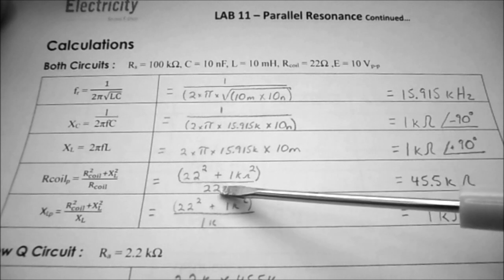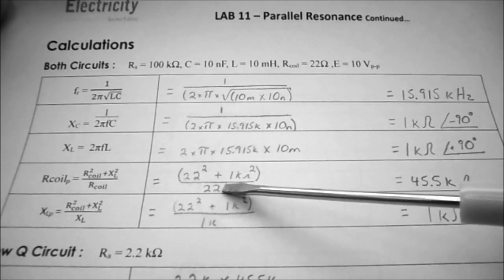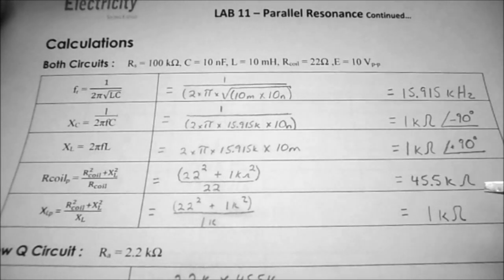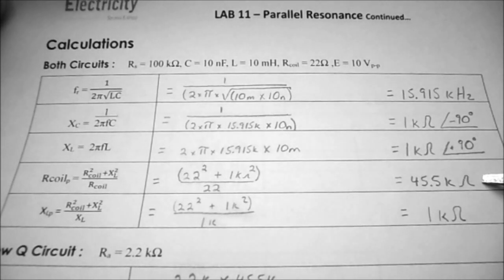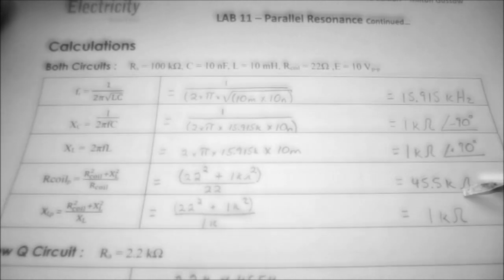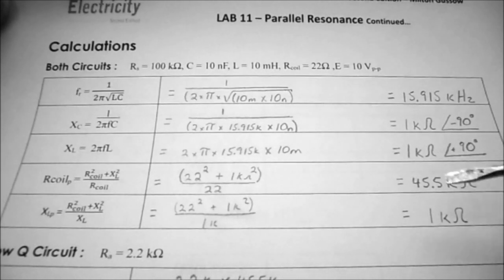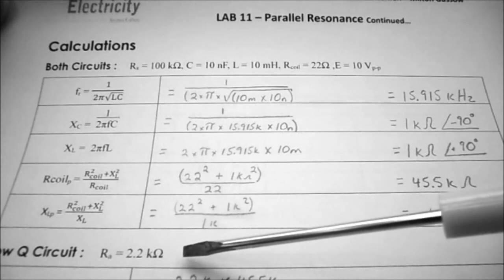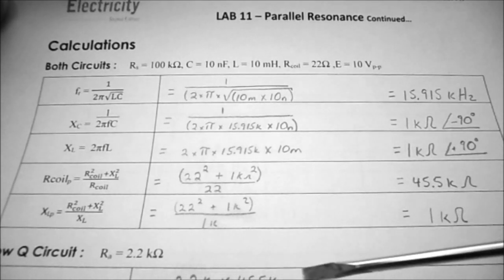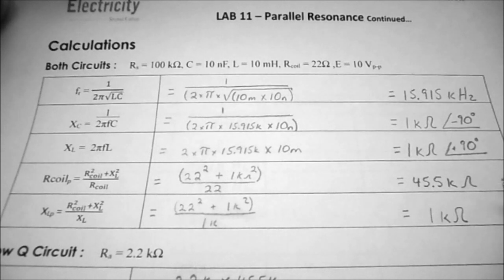So we divide the whole thing by 22. Notice the 22 at the bottom is not squared. So our coil in parallel is equal to 45.5 kΩ. And you can see that's almost insignificant compared to RA of 2.2K, but when we get to RA of 10K, it starts to be a factor.